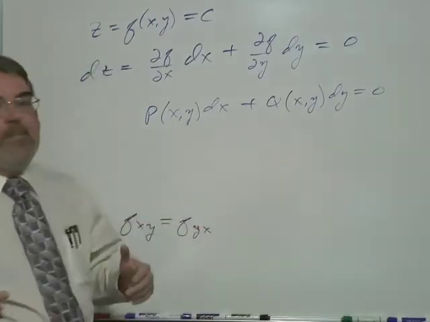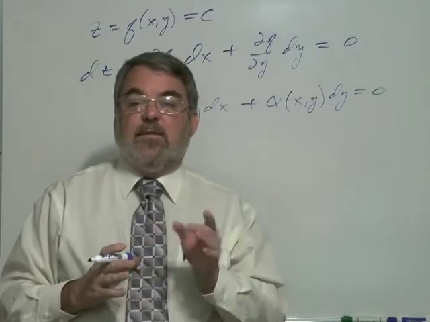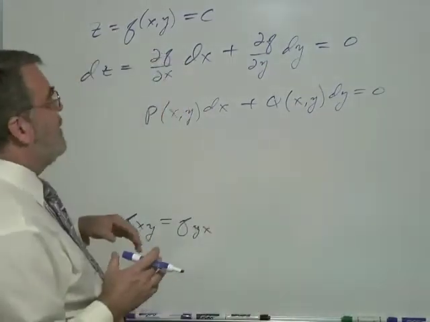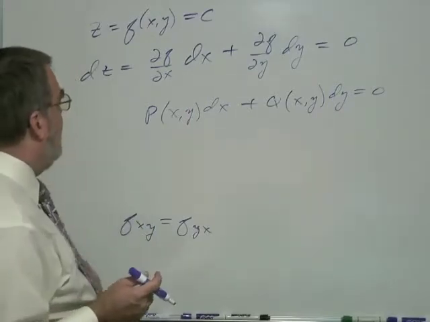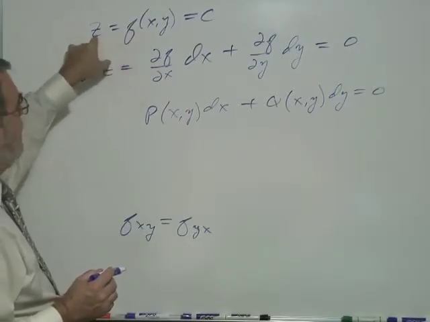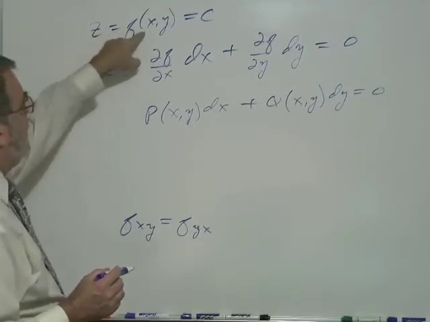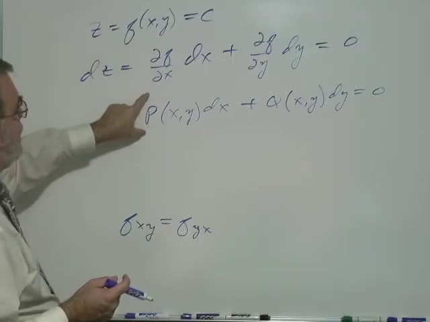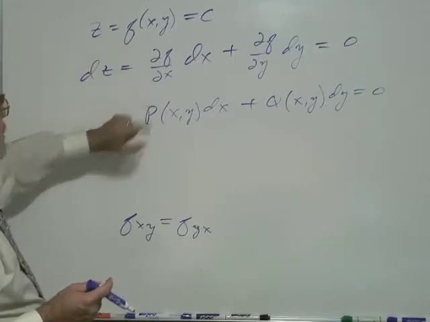But what we're after is a certain type of differential equation that is called exact. And the partial of this function, z or f of x, y, depending on what you want to call it, with respect to x is equal to P of x, y.